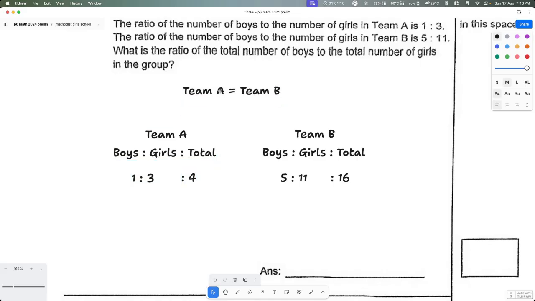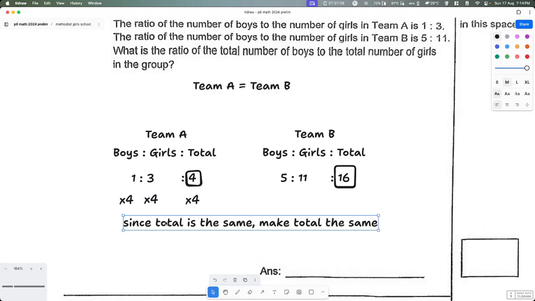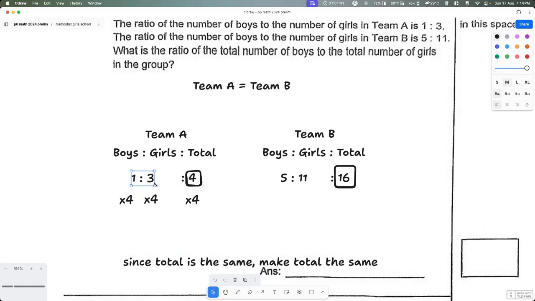Okay, so since total is the same, make total the same. So that means 4 and 16 must be the same, so we just multiply this by 4, then we multiply everything by 4 and 4. Okay, and that means for this we will get 4 is to 12 is to 16. Okay, there you go.